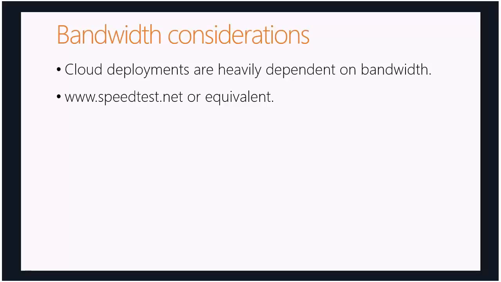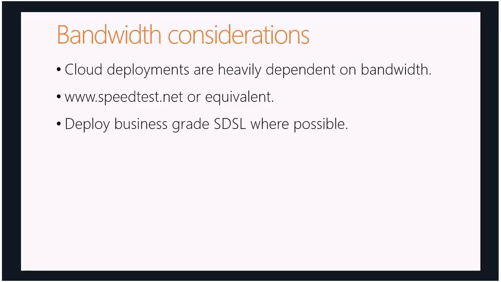So make sure that you do take a speed test, or get some sort of benchmark to know what the actual line is, and obviously make sure that that matches up with what the client is paying for. Again, this should go without saying that we're moving to an environment where the customer's dependency on bandwidth is much greater.